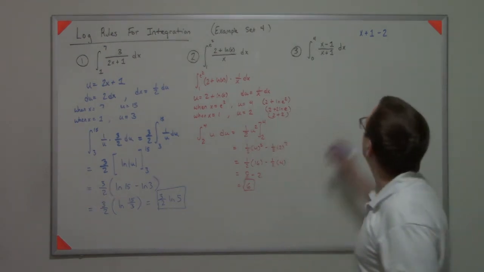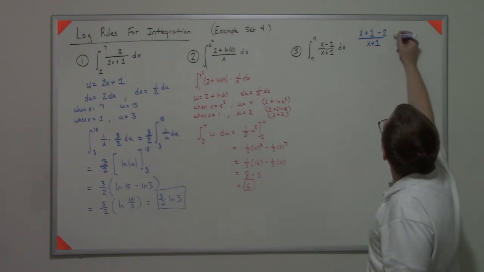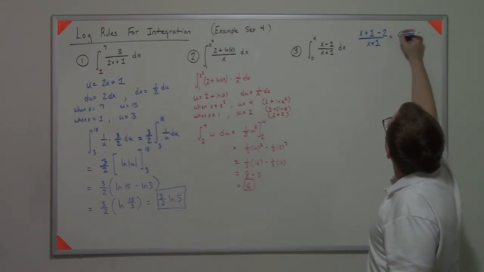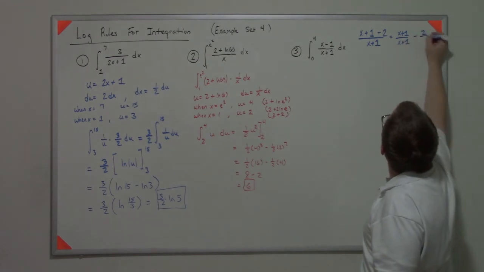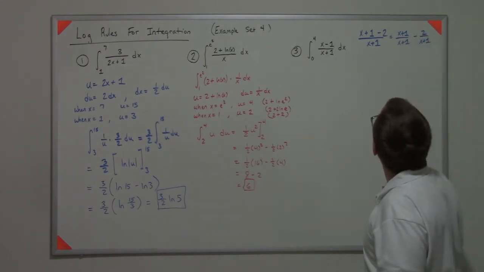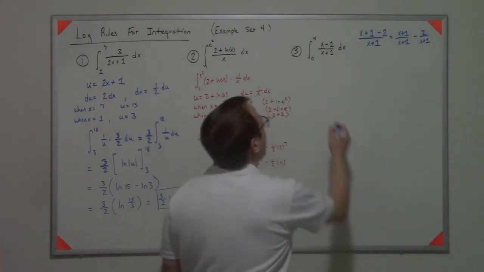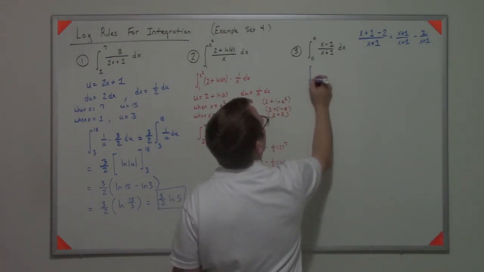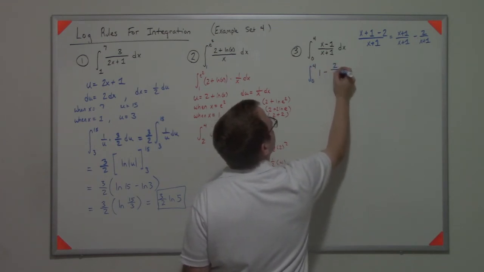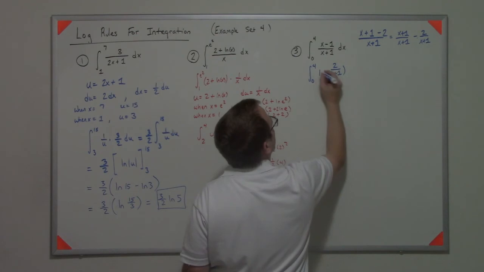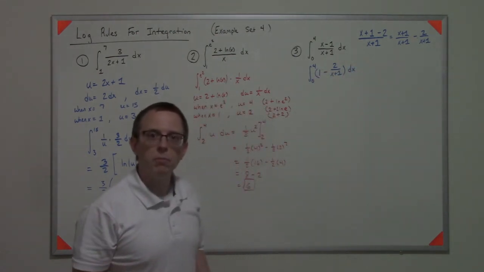It's x plus 1 minus 2 over x plus 1, which is x plus 1 over x plus 1 minus 2 over x plus 1. So using that, what we can then do is say, oh, okay, that's the integral from 0 to 4 of 1 minus 2 over x plus 1 dx. Okay, simple enough.